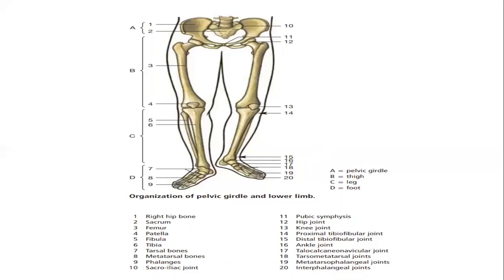Then 19, we have the metatarsophalangeal joint, and finally the part labeled as 20 is the interphalangeal joint. Remember, we are only dealing with bones, and when we come to the topic of joints, we will be able to have a deeper description of them as well.